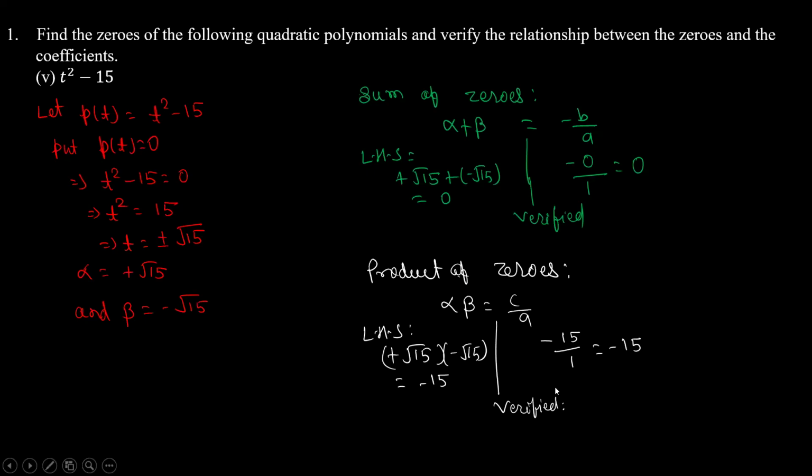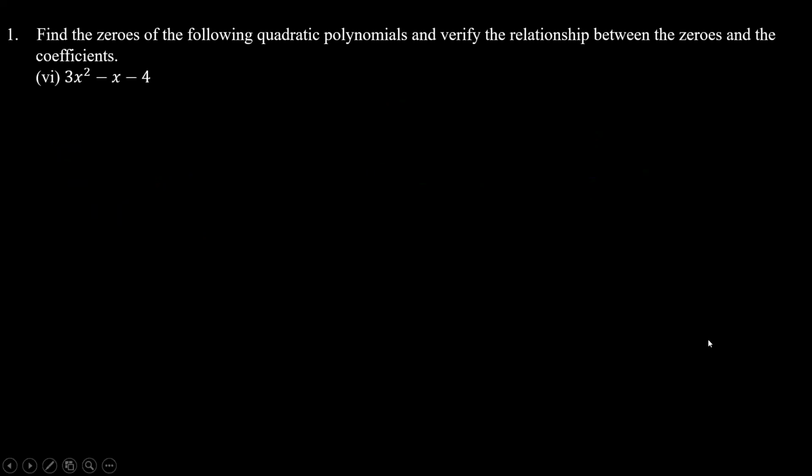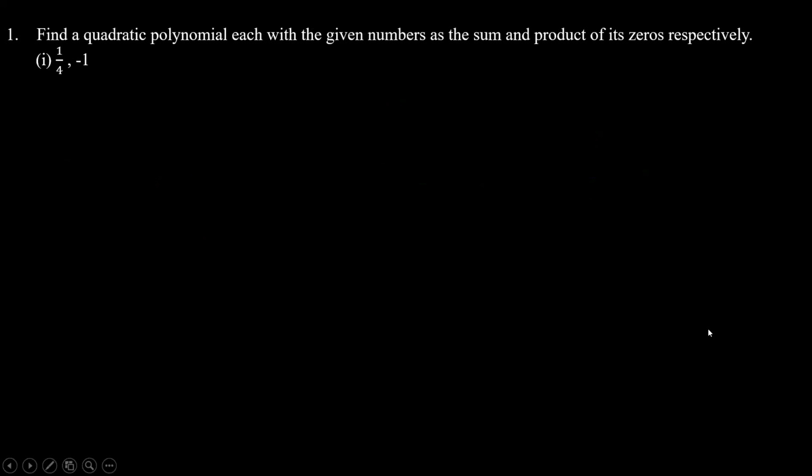Okay, so like this we are able to solve the question number 5. One more is there. Okay, that also we can solve. So this is about how we are going to find the value here. So that we are going to observe in this.